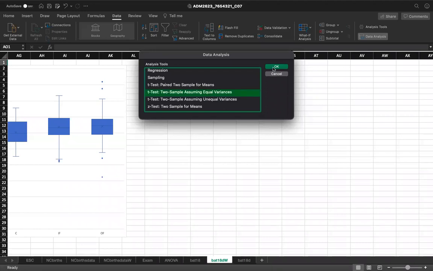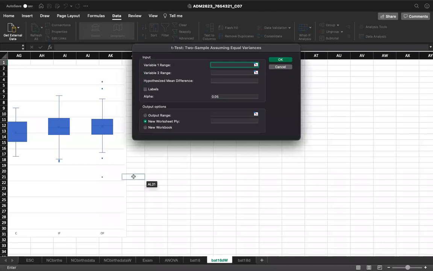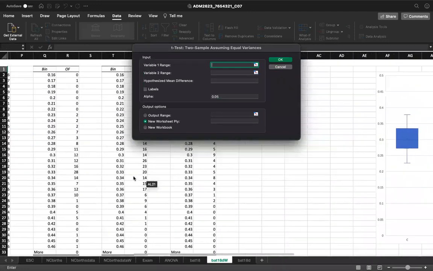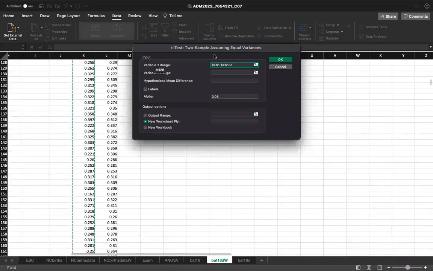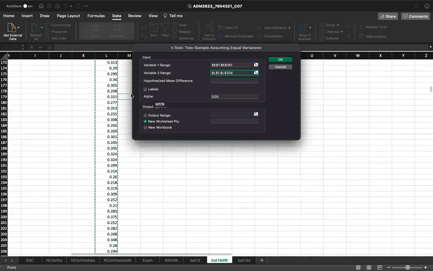Say okay. So variable 1 range. So let's look at this. Variable 2 range. So that's OF and IF. My hypothesized mean difference is 0. We have got labels.